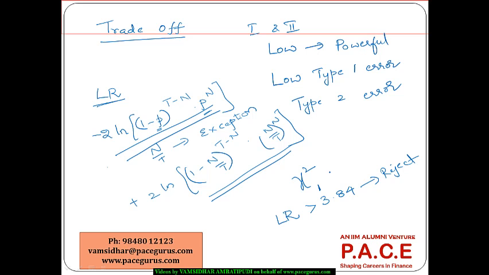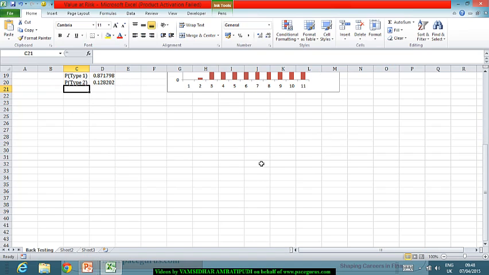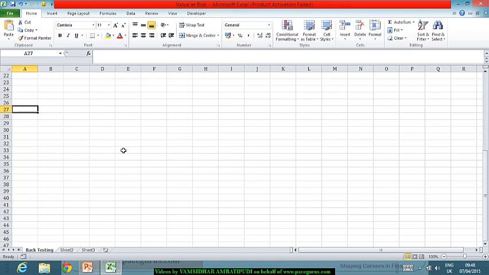Let me take a simple example for us to work out. Let me take different levels of probability: 0.01, 0.025, 0.05, 0.075, and 0.1.